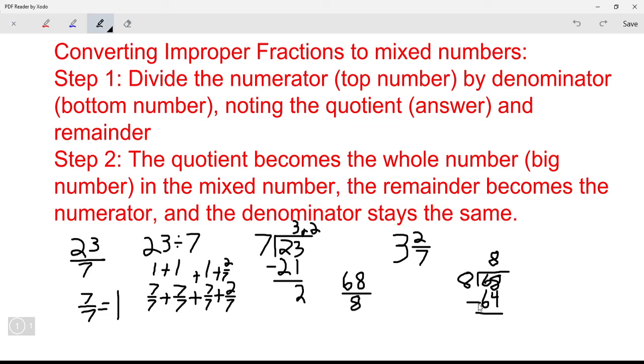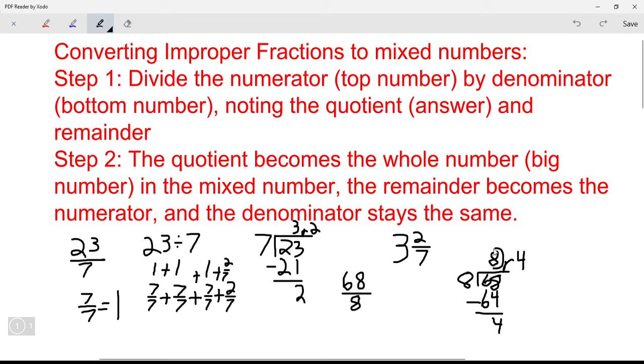It's extremely important to know your multiplication and division, for single digit numbers for sure, because of stuff like this. You're going to miss a lot of things if you don't know it. Anyway, all right, so 68 minus 64 equals 4. So then we have a remainder of 4.